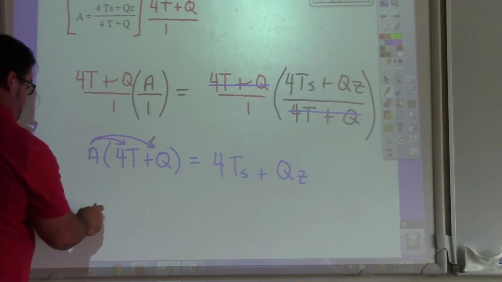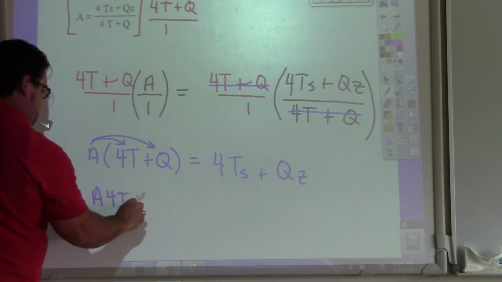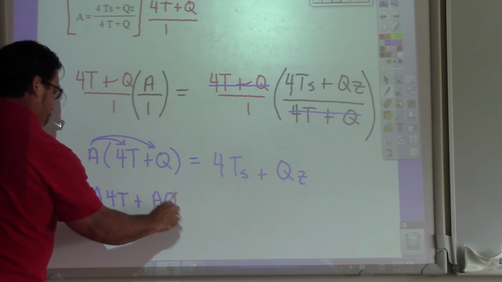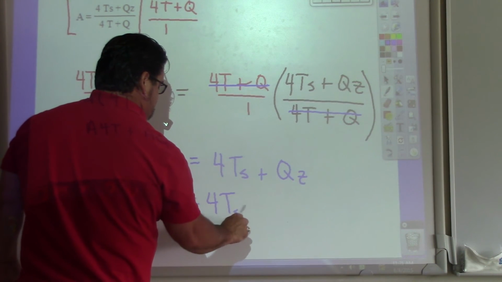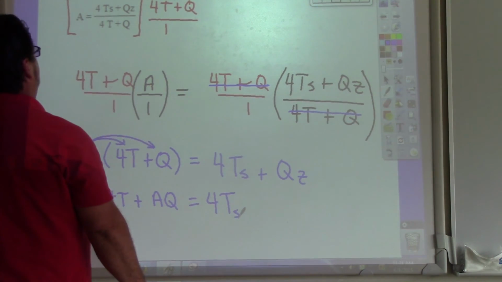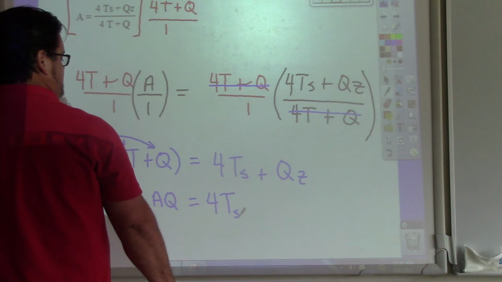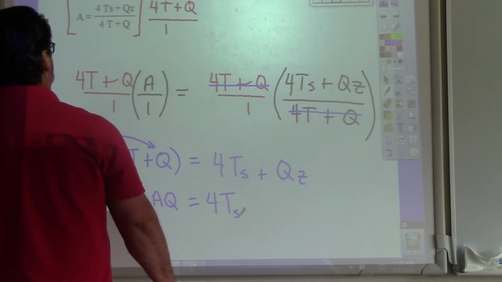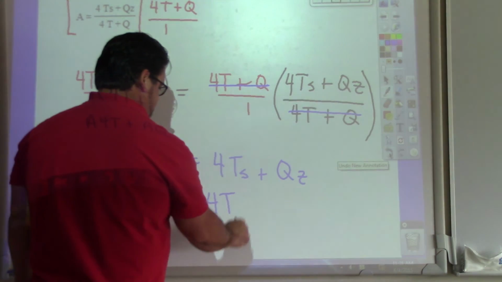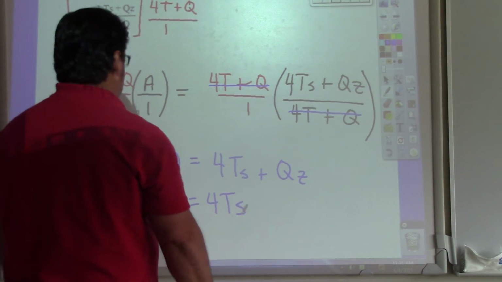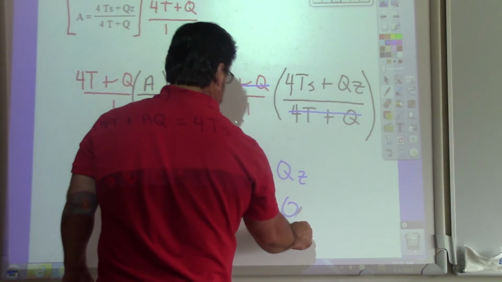That's going to give me A times 4T plus A times Q is equal to 4T sub S. Is that sub S or T times S? Because if that's T times S, we've got to get all the T's on one side. That looks like T times S, so that makes a difference. Plus Q, Z.